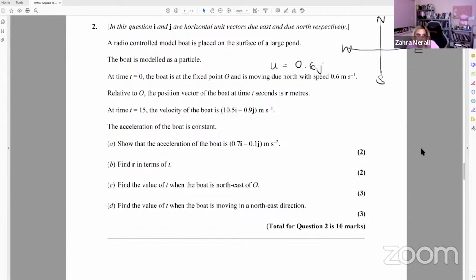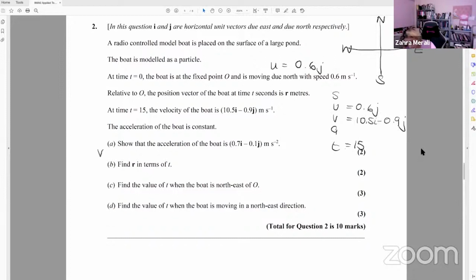Relative to O, the position vector is r. At t equals 15, the velocity is 10.5i minus 0.9j. Show the acceleration. So SUVAT, we know that u, as we've just said, is 0.6j, t is 15, v is 10.5i minus 0.9j.